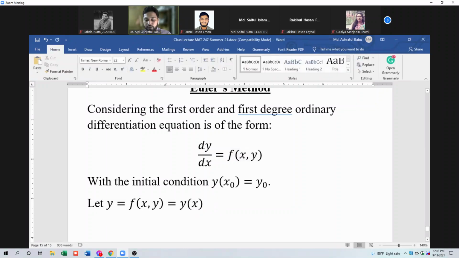So we consider this one, and let h be the value of the interval of differentiation.